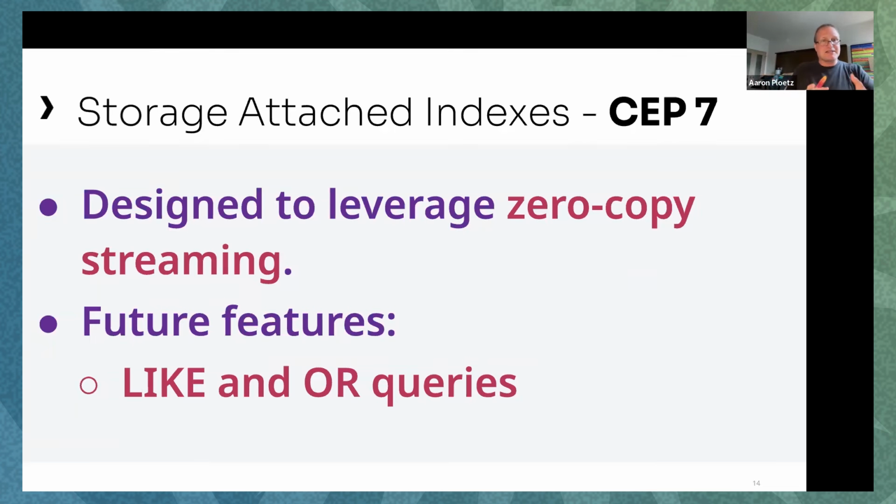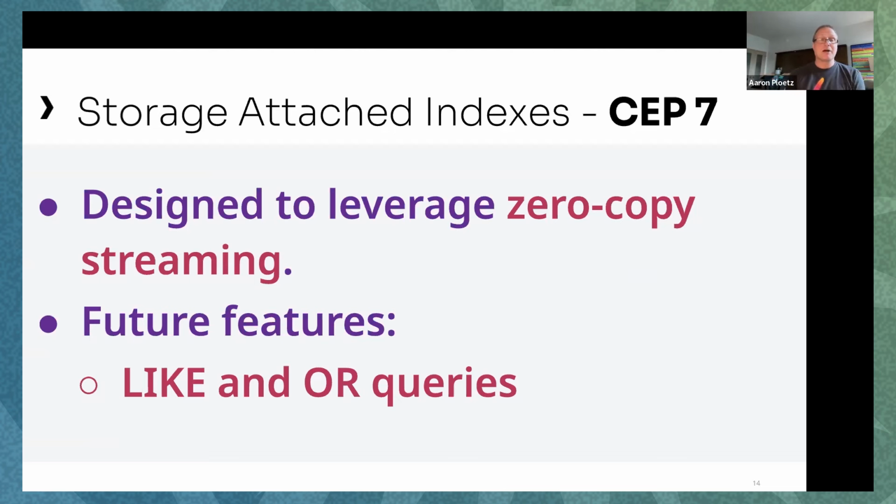This way, instead of actually serializing the data, we can move the files themselves over to the other nodes. Well, the files that back SAI indexes can now take advantage of that. So that's going to be significant as well, especially for writes and whenever you have to update those index files.